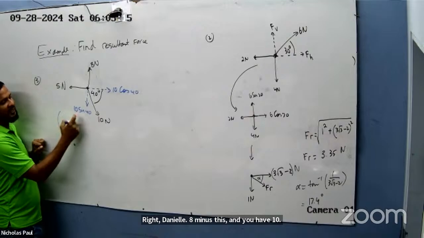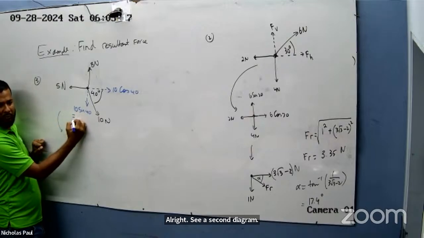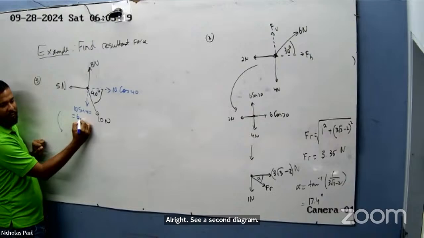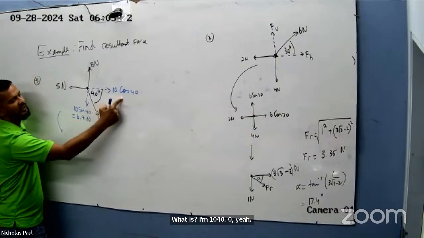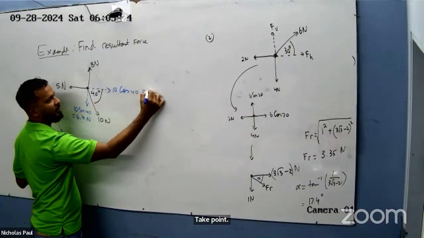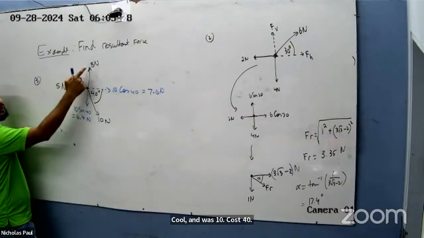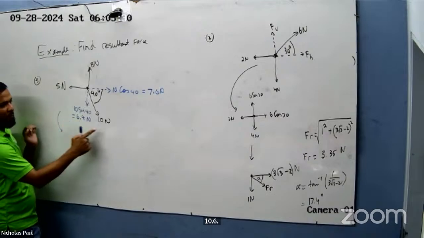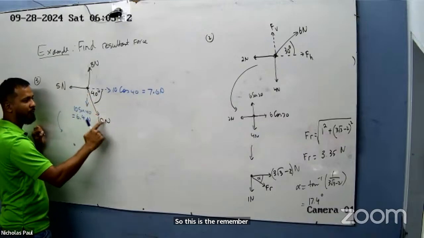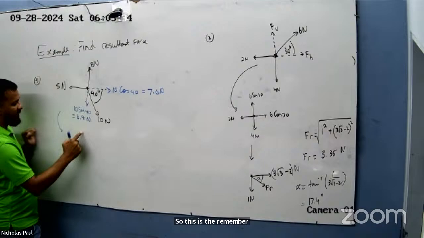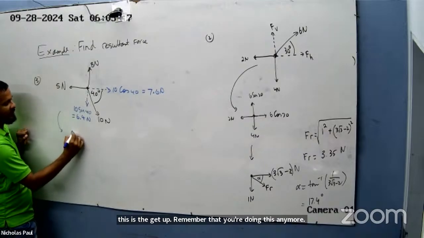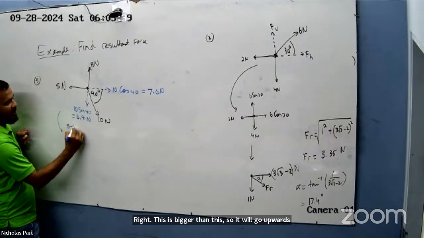What is 10 sine 40 over here? 6.4. And what is 10 cos 40? 7.6. Nice. So this is bigger than this, so it will go upwards. That'll be 8 minus 6.4.